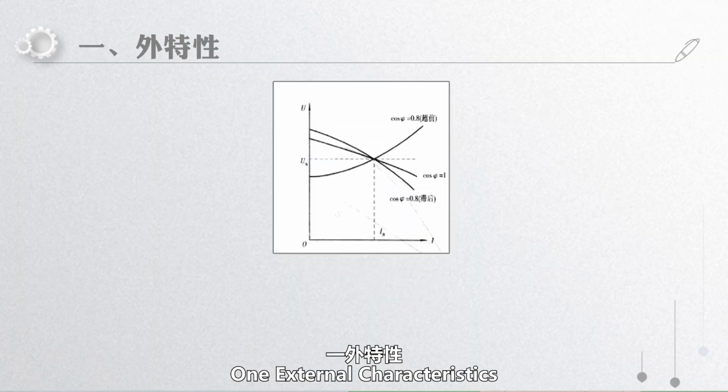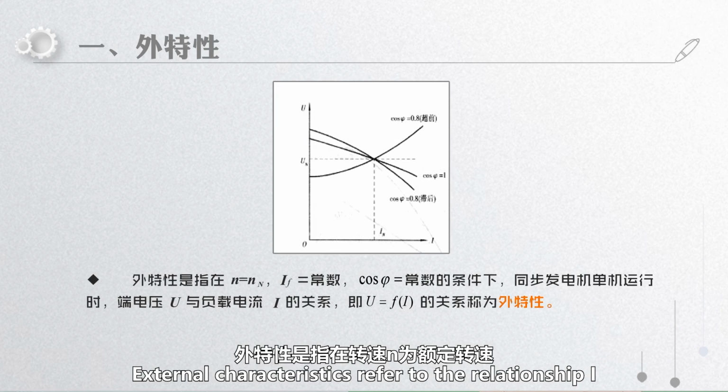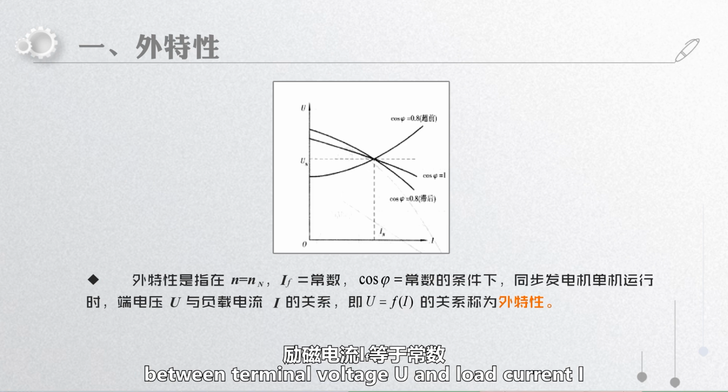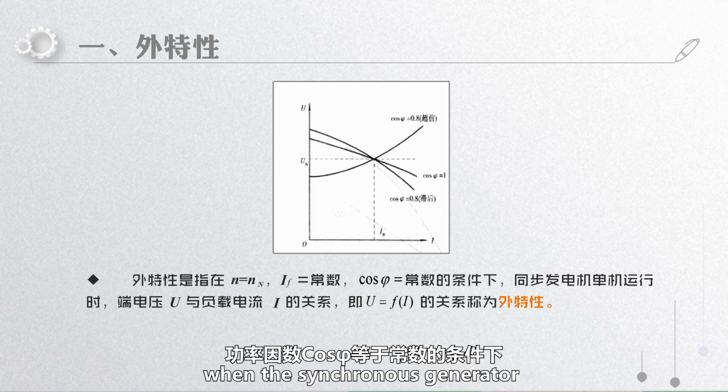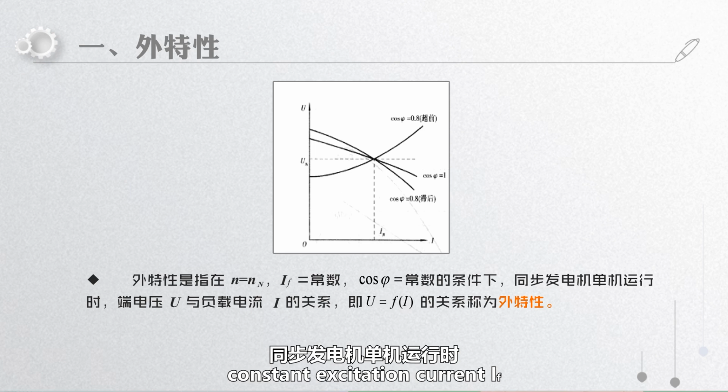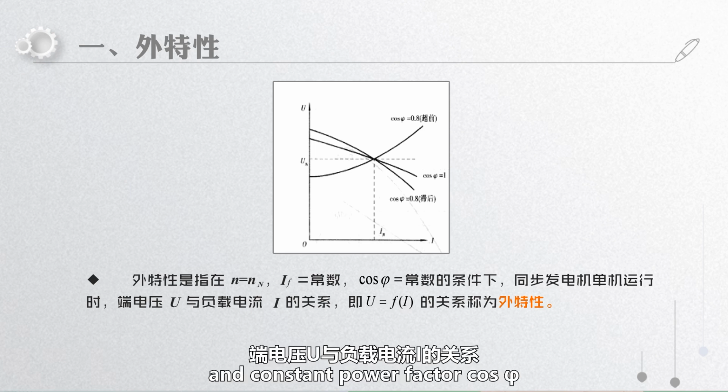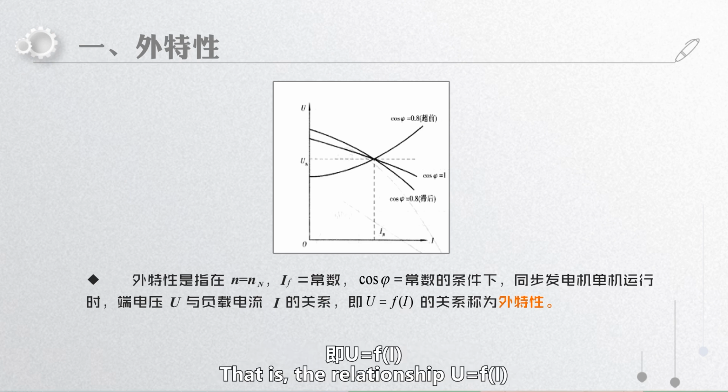1. External characteristics. External characteristics refer to the relationship between terminal voltage U and load current I when the synchronous generator operates at rated speed, and constant excitation current IF and constant power factor cosine phi.